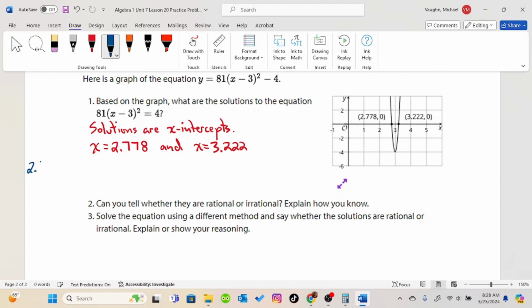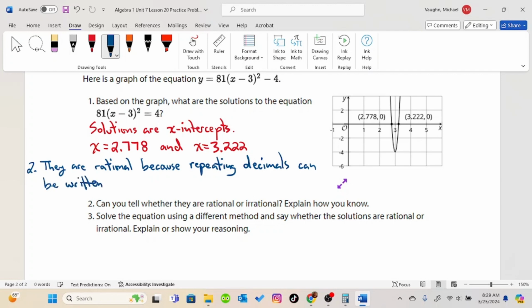For number 2, they are rational because repeating decimals can be written as whole number fractions. 2.778 is just where they rounded using the next 7.